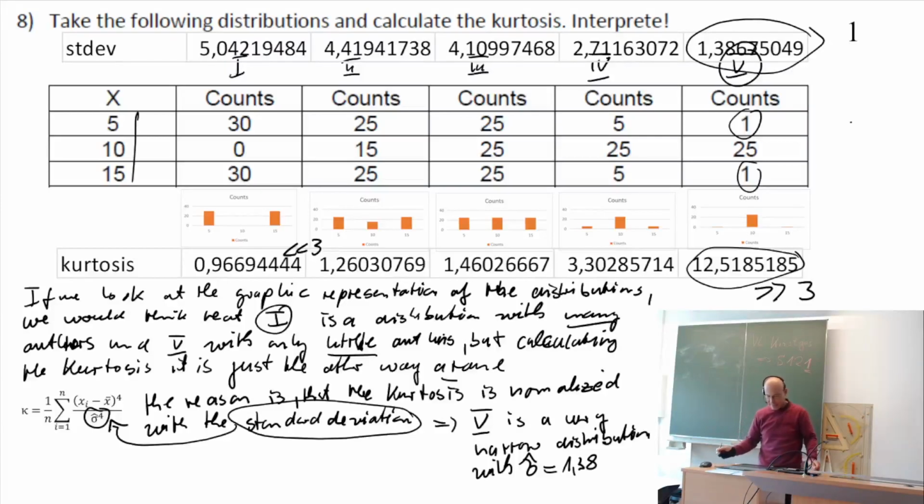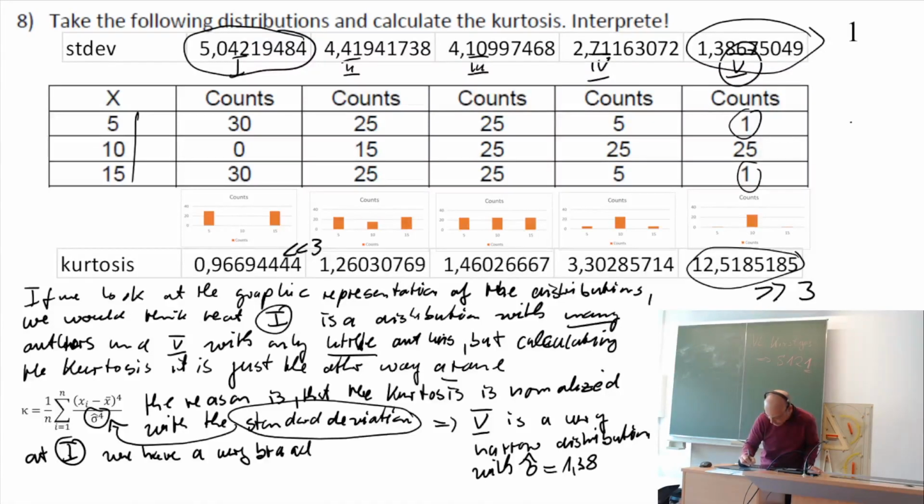Well, and here at distribution 1, we have a very broad distribution with sigma hat roughly 5.